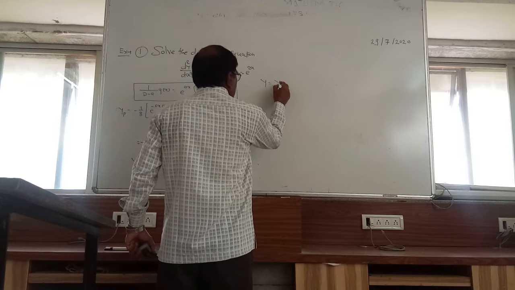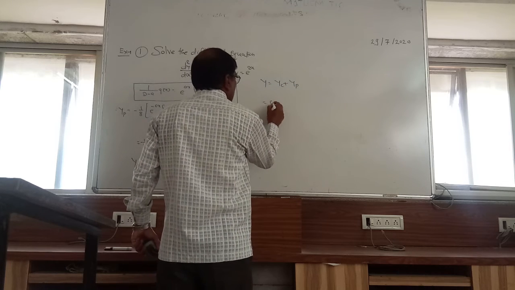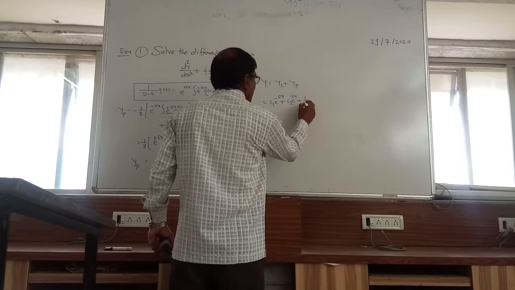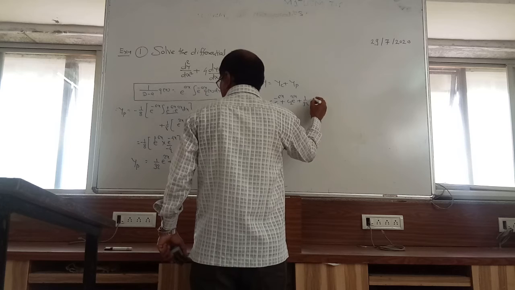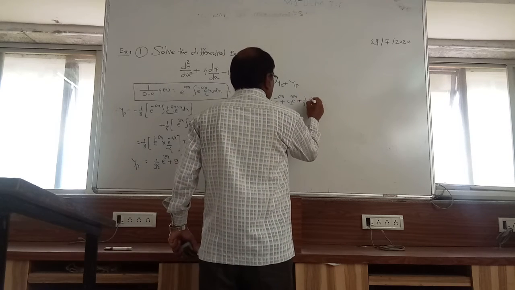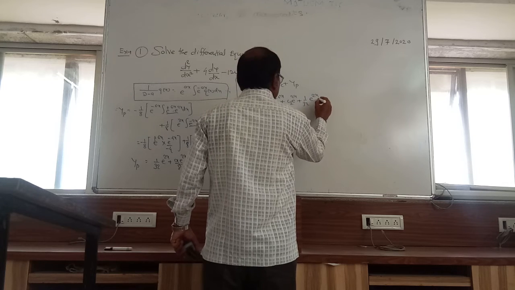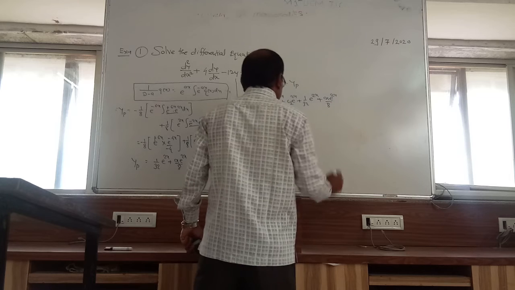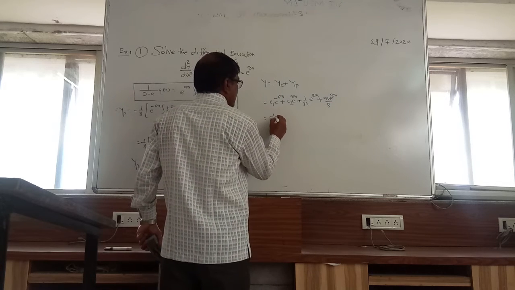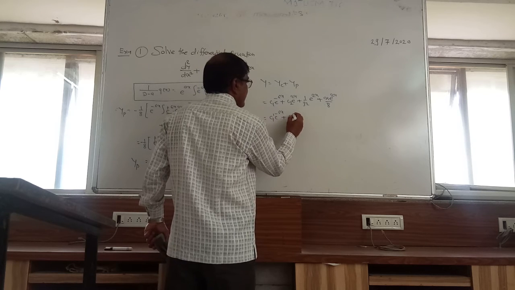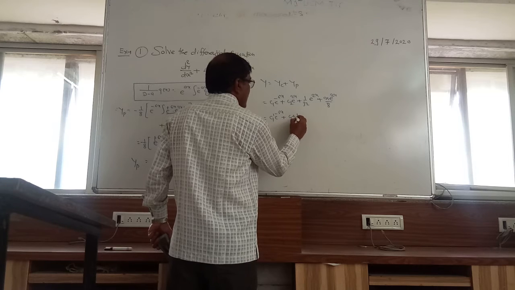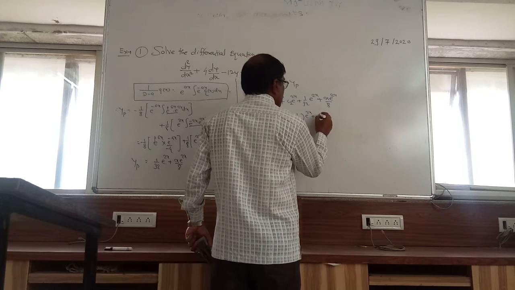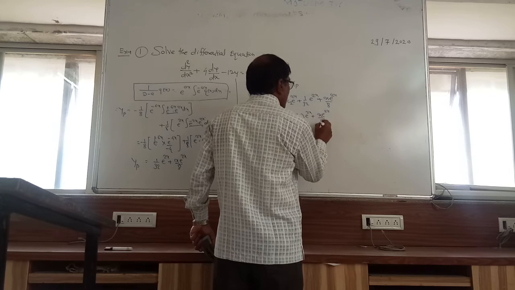Our y is equal to yc plus yp, that equals c1 dash e raised to minus 6x plus c2 dash e raised to 2x plus 1 upon 32 e raised to 2x plus x into e raised to 2x upon 8.